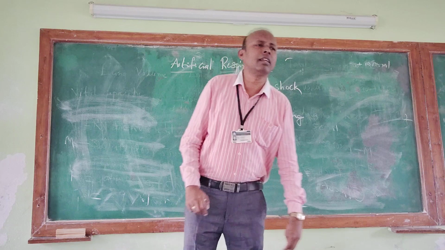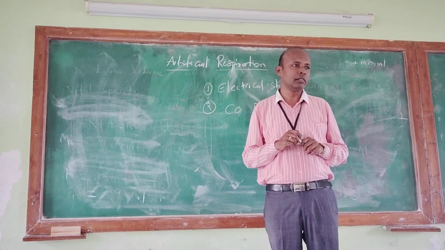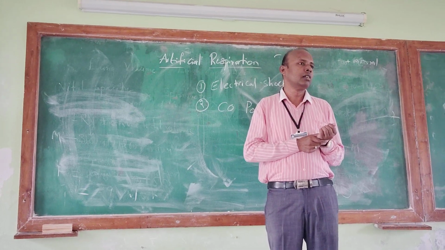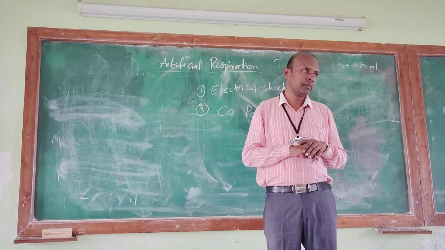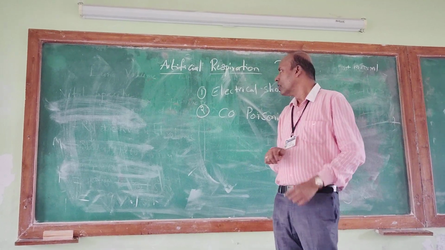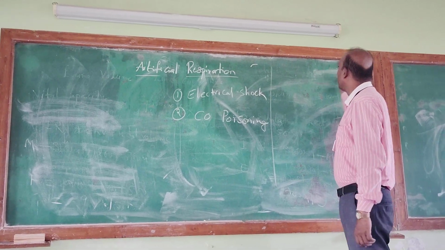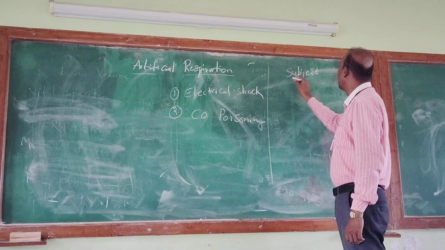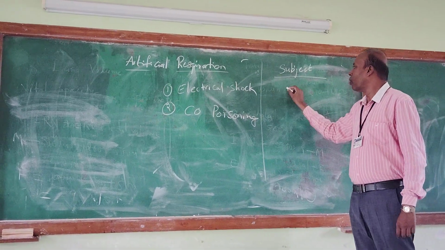What precautions need to be taken in artificial respiration? First we should identify whether the pulse is working, even if very weak, and the heartbeat is present. We should keep the subject in prone position.